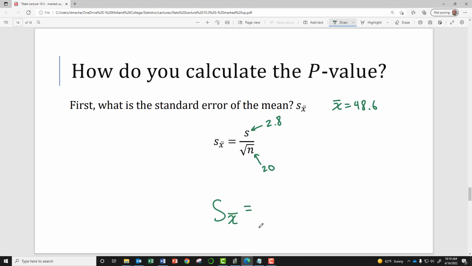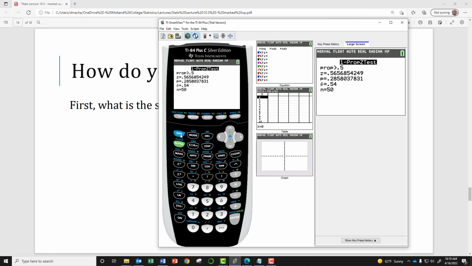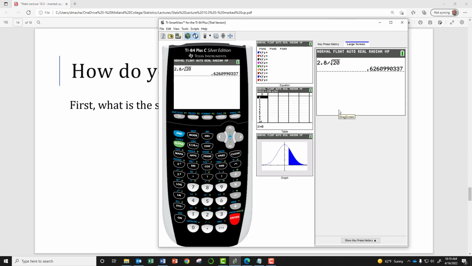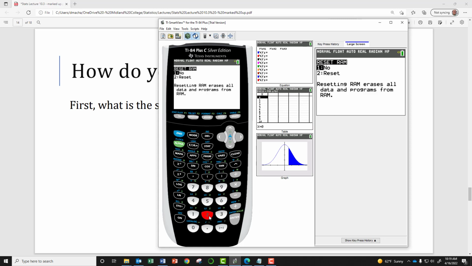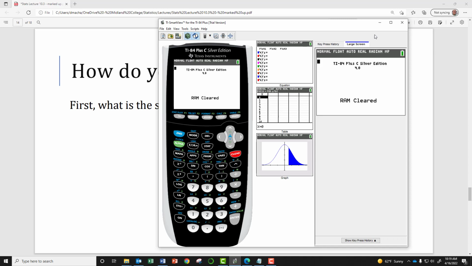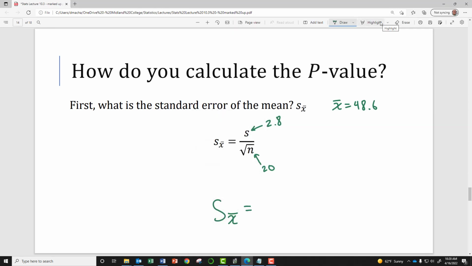That's going to be 2.8 divided by square root of 20. And that is 0.626.